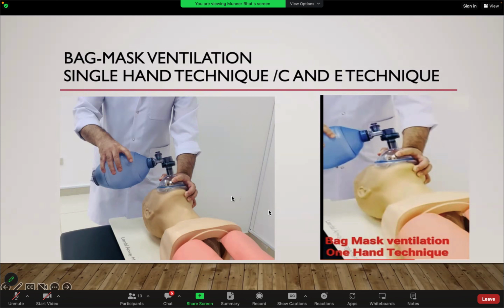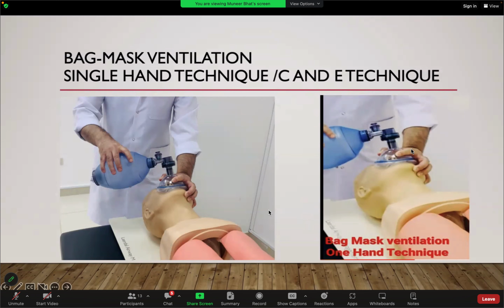So if a patient is not breathing at all, you try your best to open the airway, but still your respiratory efforts are not good. What you can do is hold this manual resuscitator and use the C and E technique.